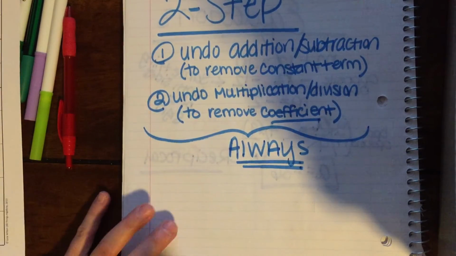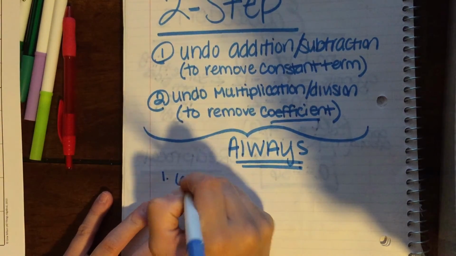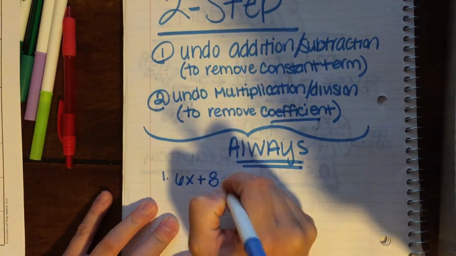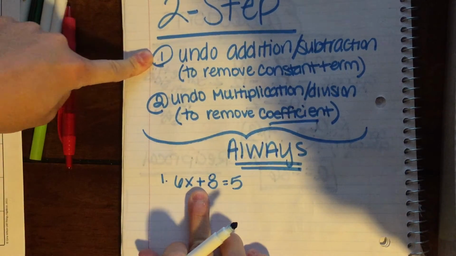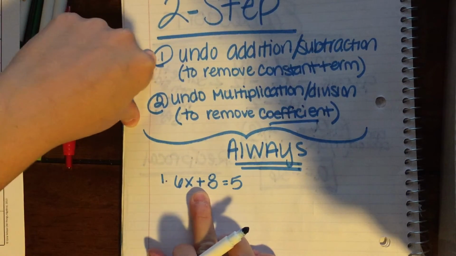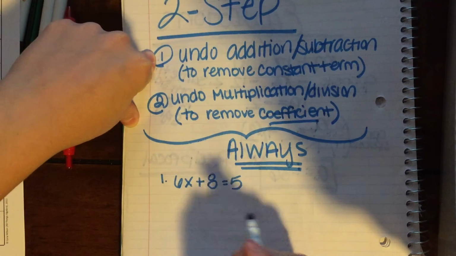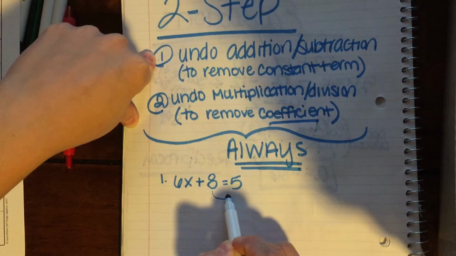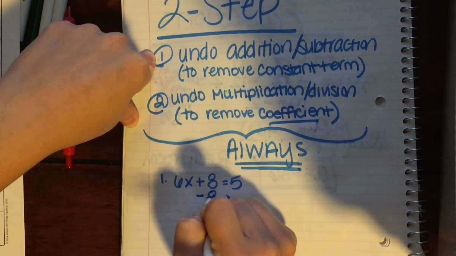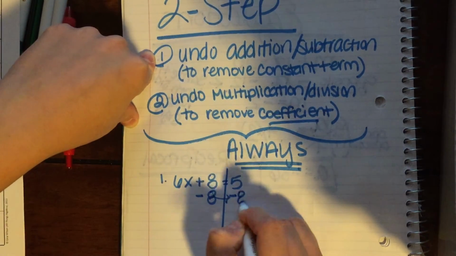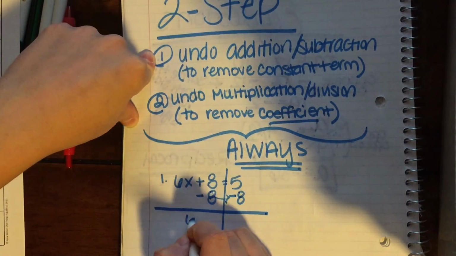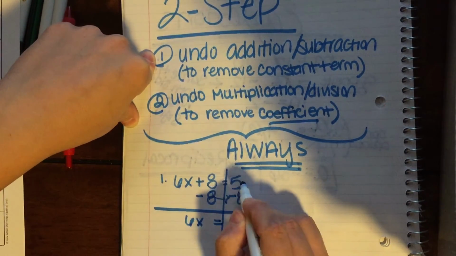Let's try one. 6x plus 8 equals 50. Well, step 1 says undo the addition or subtraction. In this case, we have addition, and in order to move the 8 over here, we have to subtract. What you do to one side of the equal sign, you have to do to the other. 6x equals 50 minus 8.